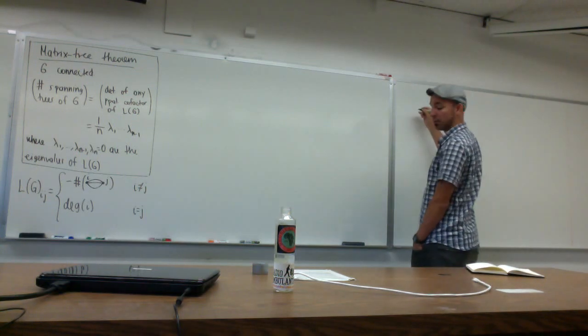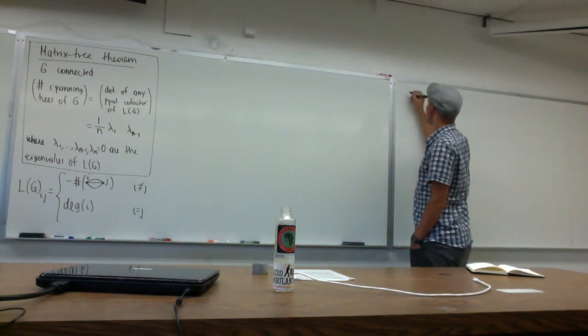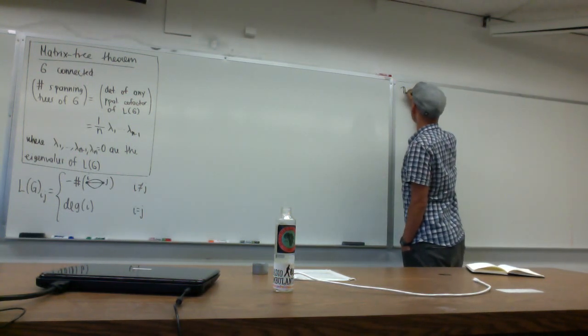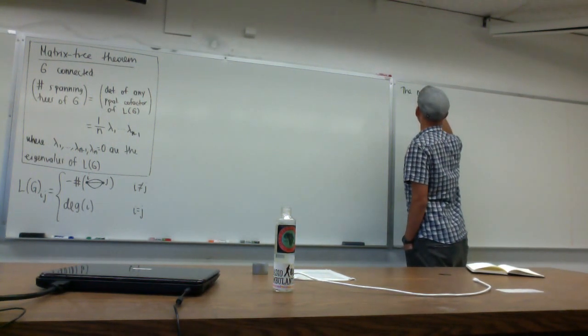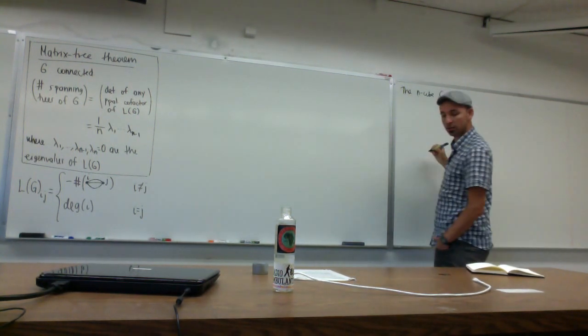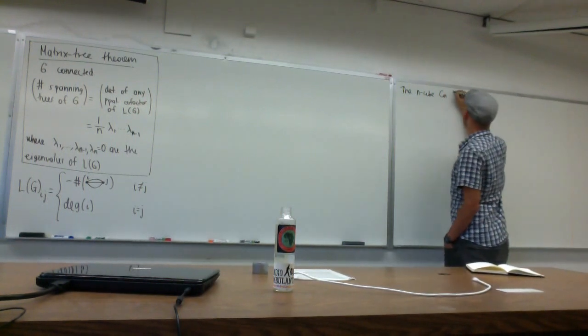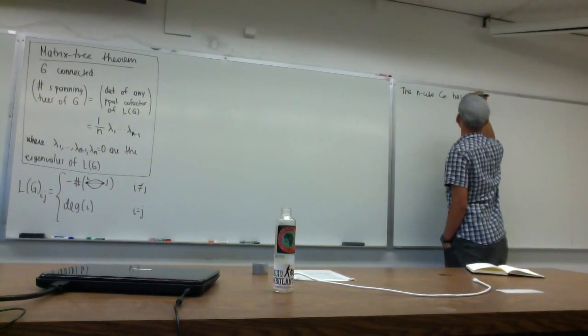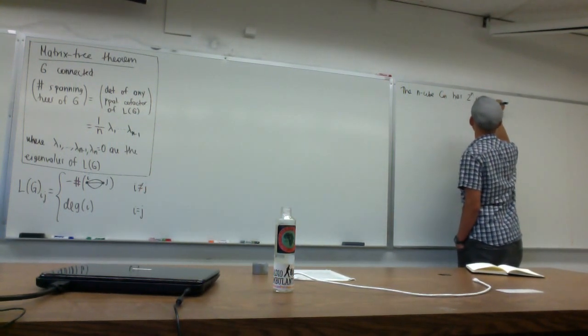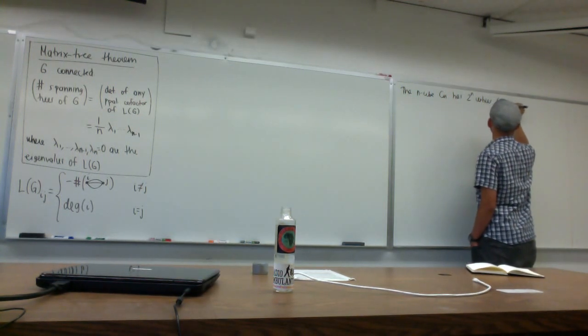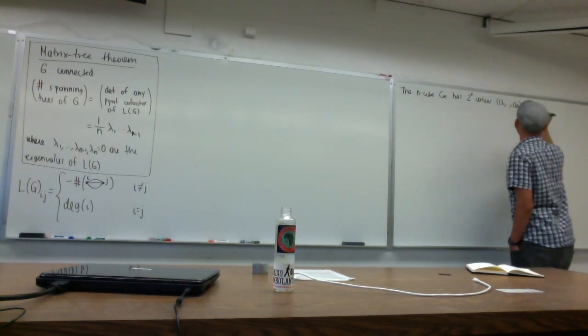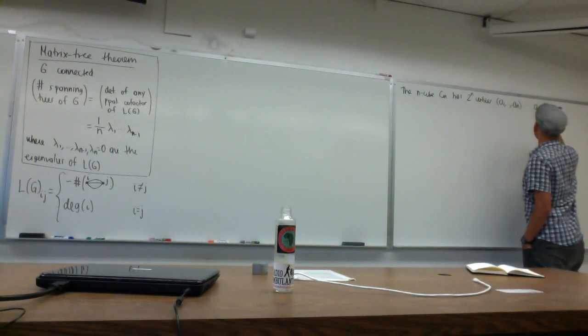So the n-cube Cn has 2 to the n vertices. Each one is an n-tuple where each a_i is 0 or 1.